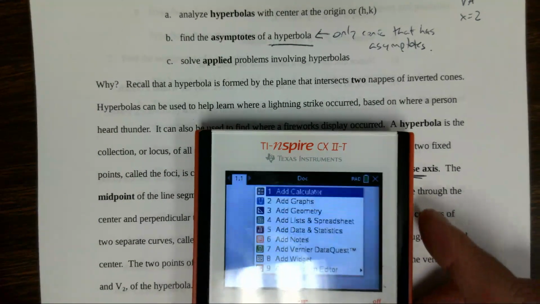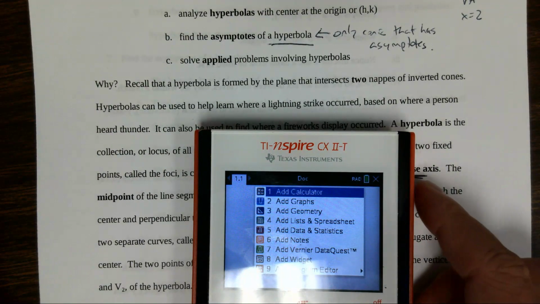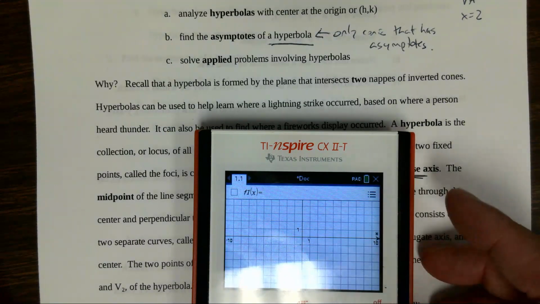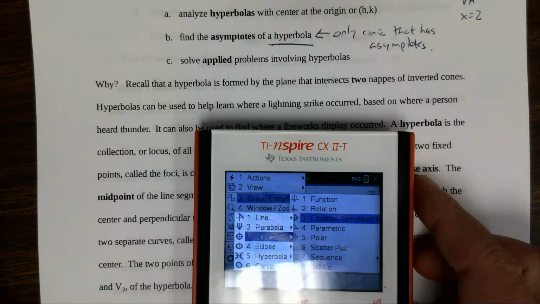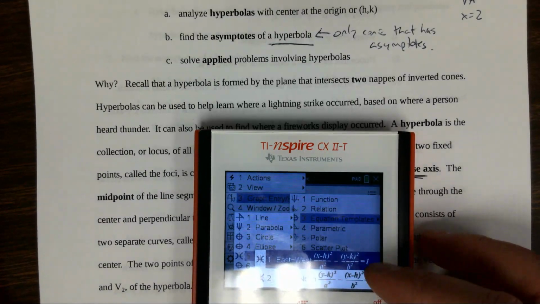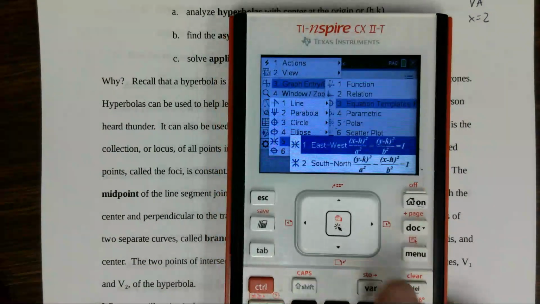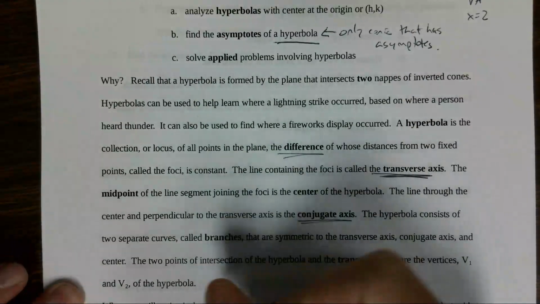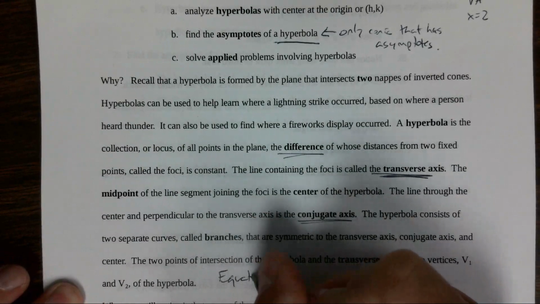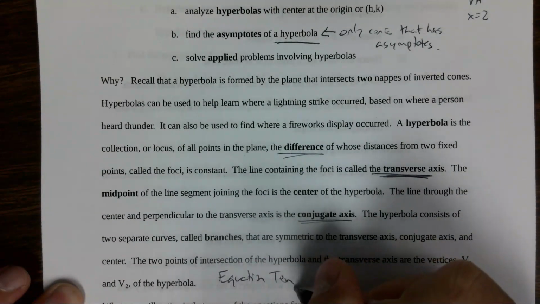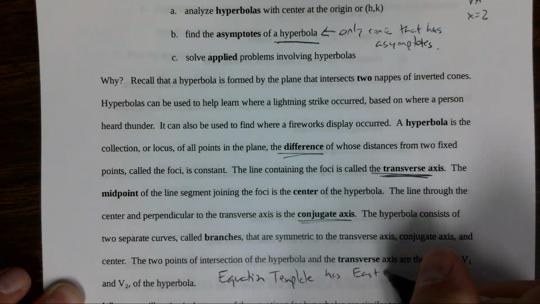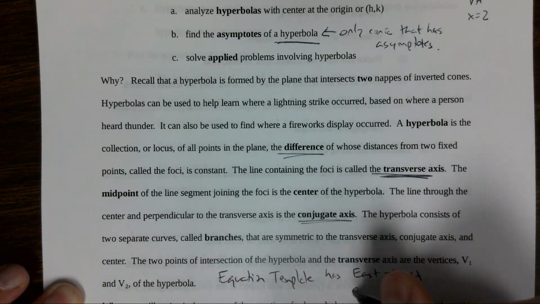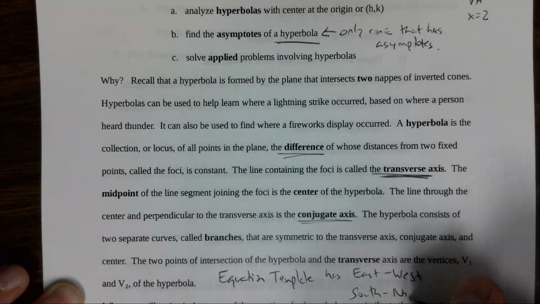Remember, if you want to, you could just do the relation, but if you're going to use your equation templates, you're going to see east and west and south and north.